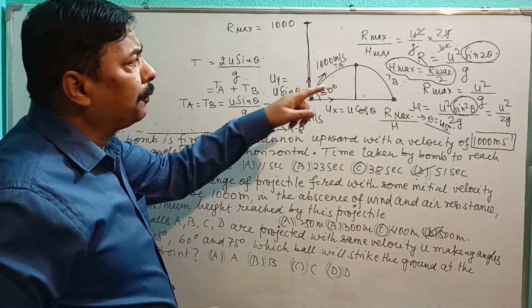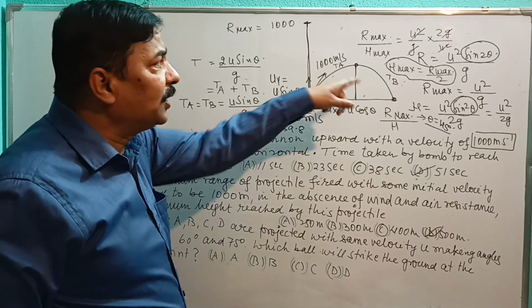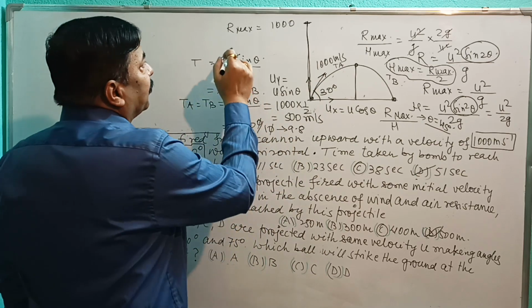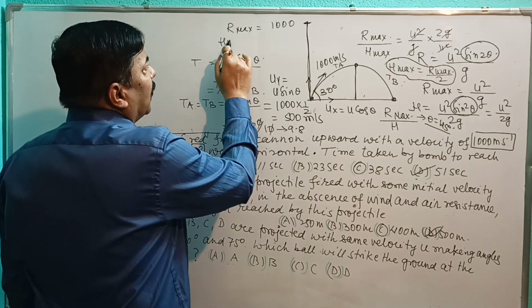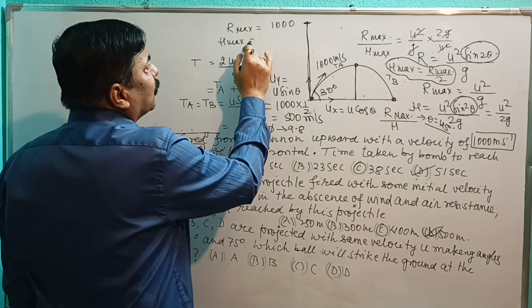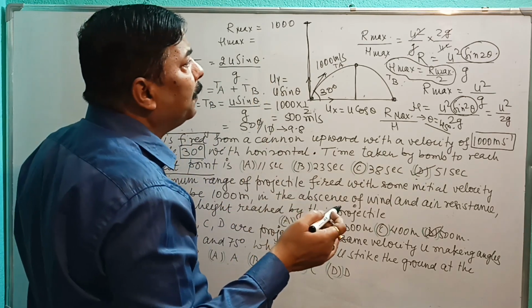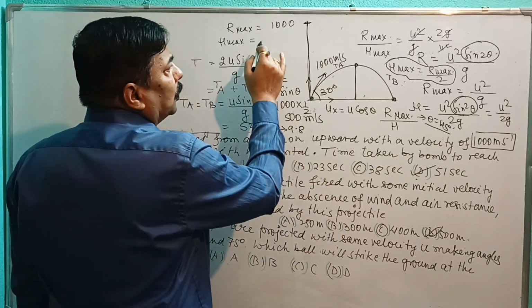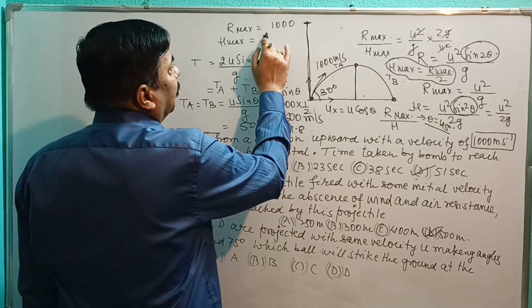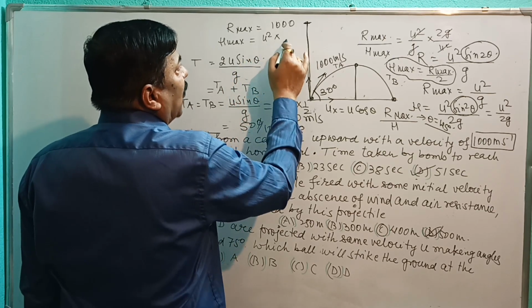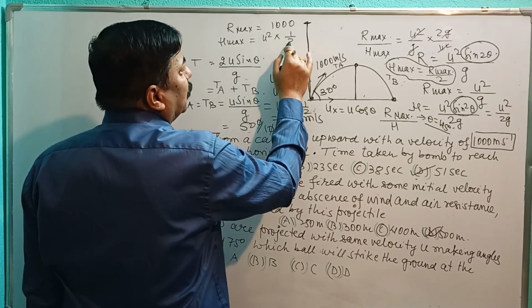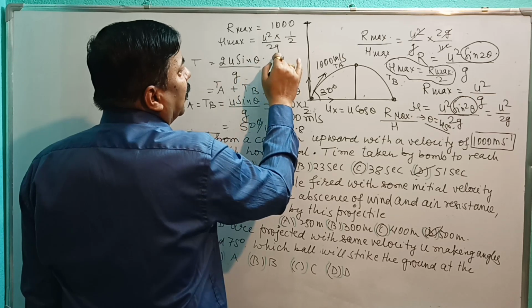And if you find the H max at theta is equals to 45 degree, then you see H max at theta is equals to 45 degree will become U square sine square 45 degree, 1 by 2, by 2g.